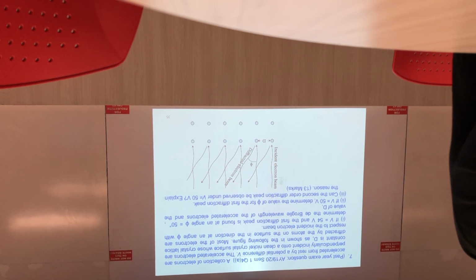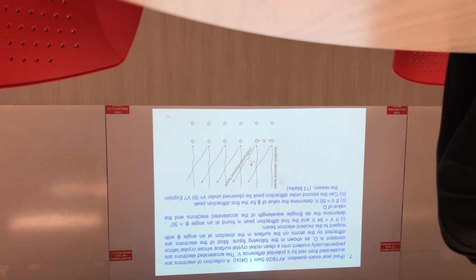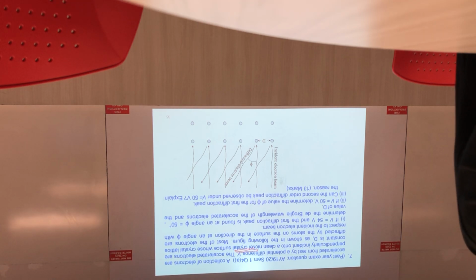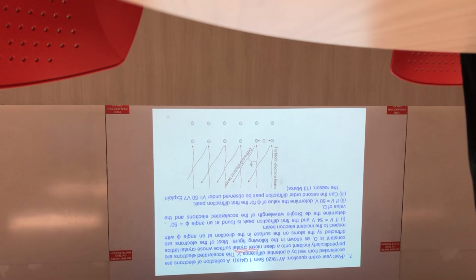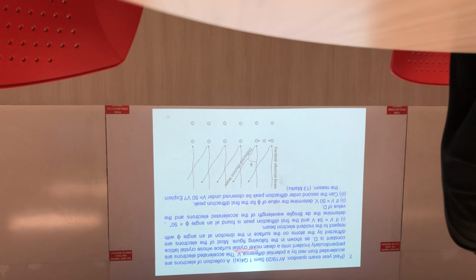Practice question, AY 1920. A collection of electrons are accelerated from the left by a potential difference. The electrons are at rest initially, so the electrons were at their original initial condition.